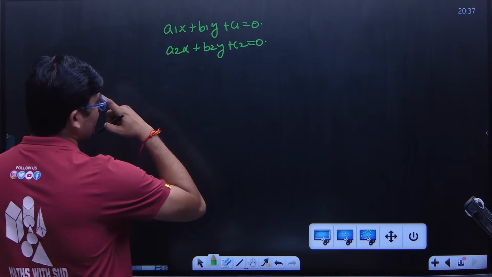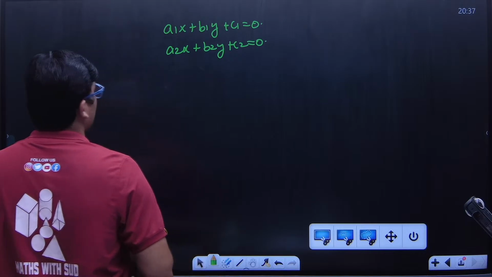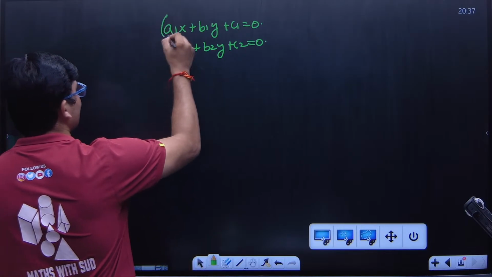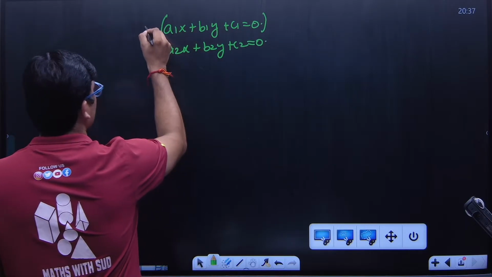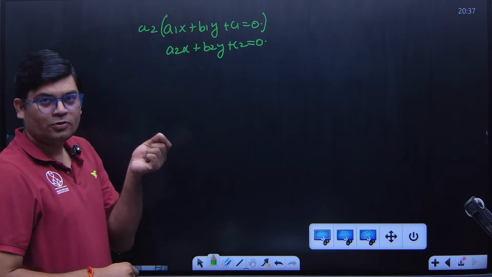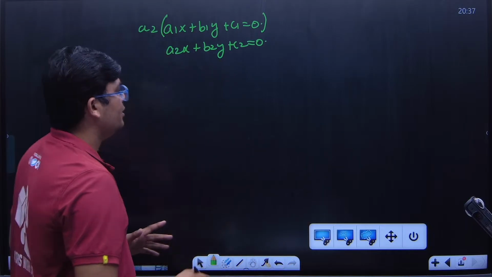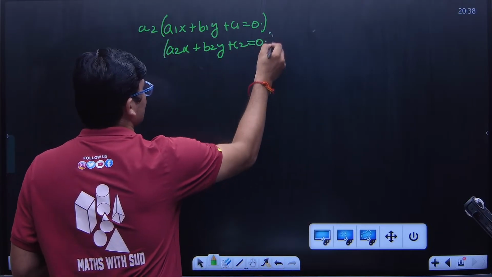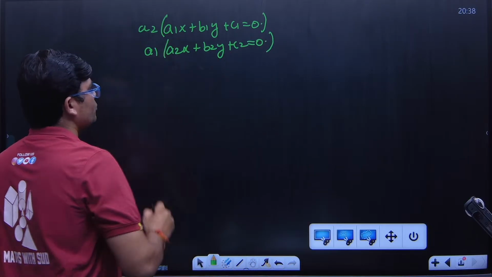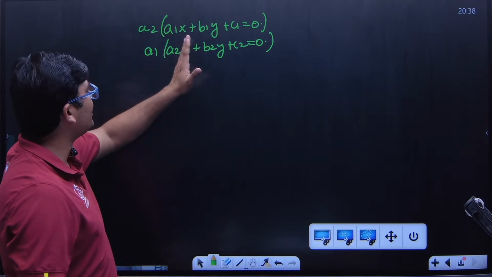First I want to eliminate x. Can you see the coefficient of x here is a1? So I will multiply this equation by a2, so that the coefficient of x becomes a1 a2. Similarly, I will multiply the other equation by a1, so that the coefficient of x becomes a1 a2.